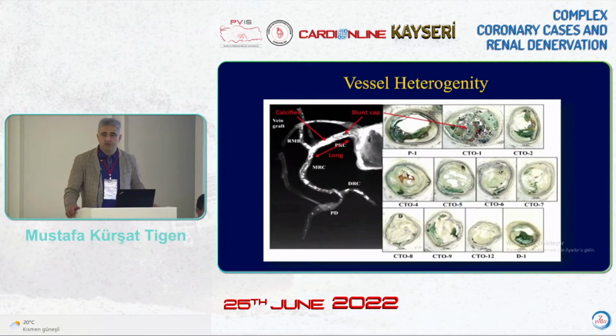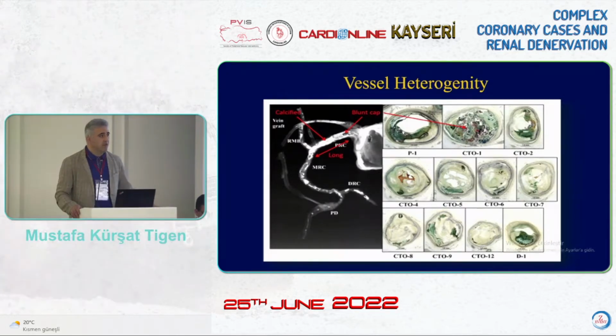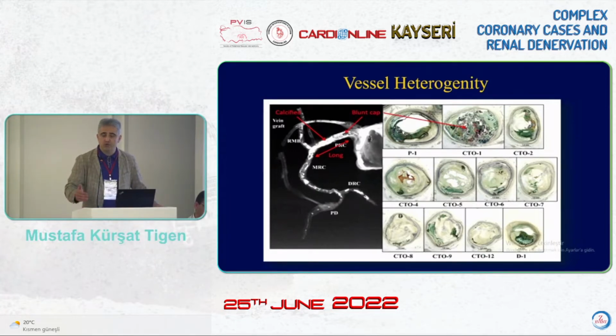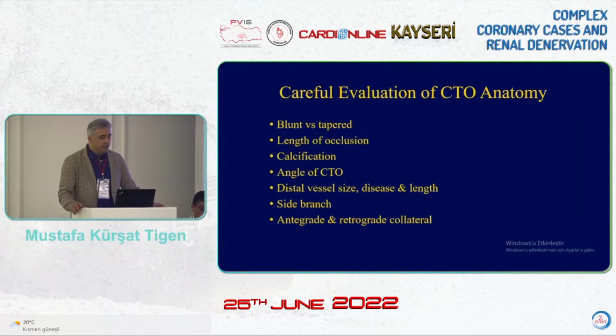And when we look at the vessel from different angles, there is different heterogeneity. Somewhere the fibrotic tissue is higher, and in some segments calcification is higher. And in wire use, escalation and de-escalation possibilities differ, which makes us change the wire that we use.